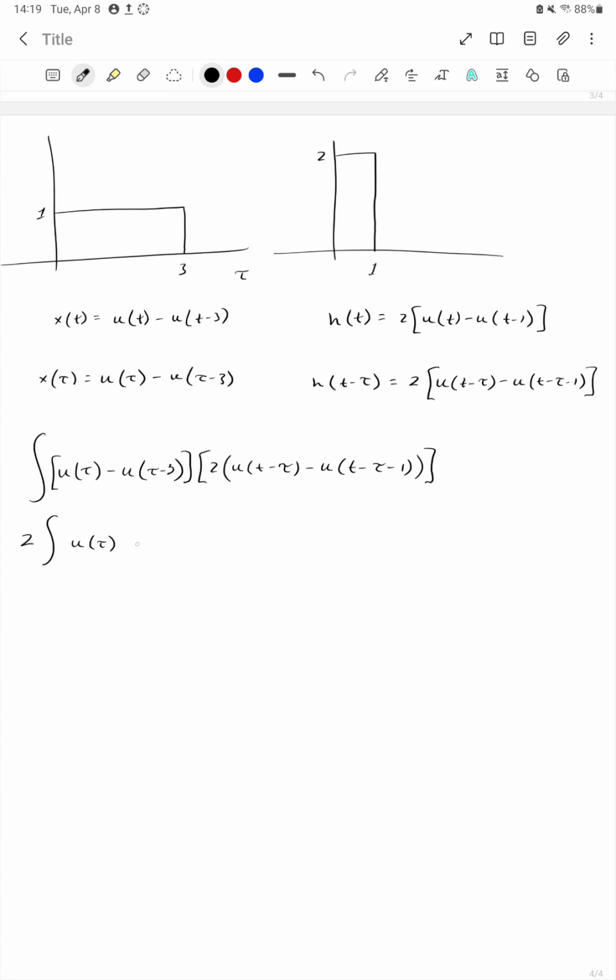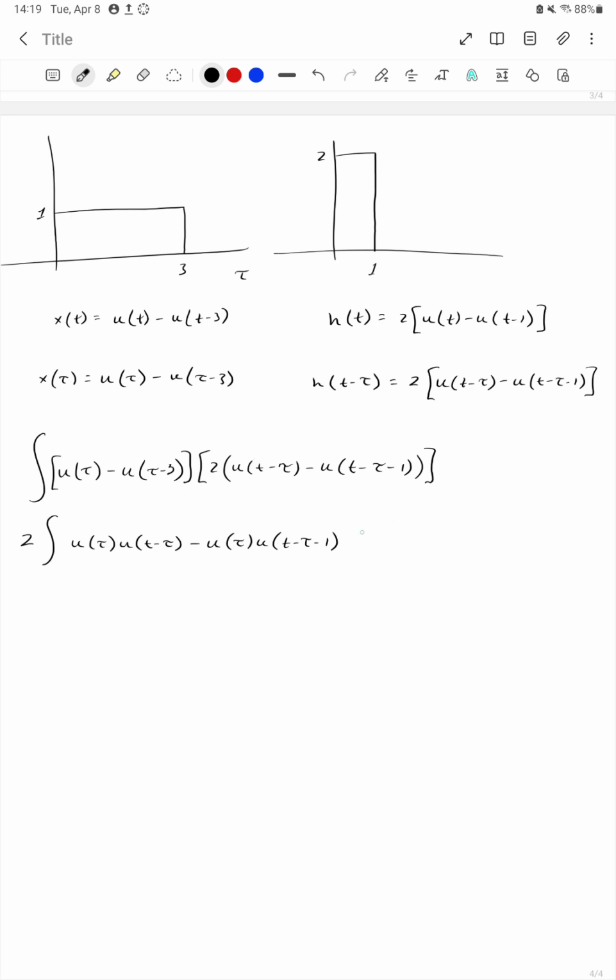So you've got u of tau times u of t minus tau, and then the second one is going to be minus u of tau times u of t minus tau minus 1.